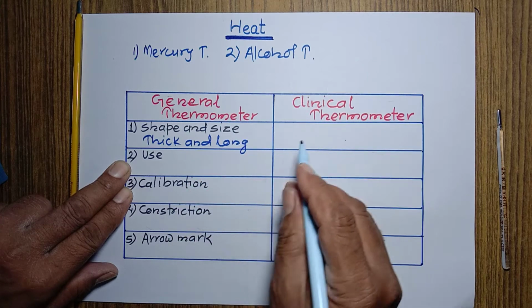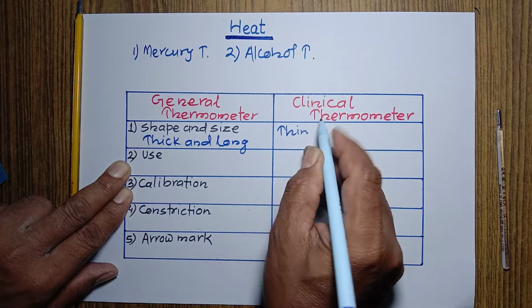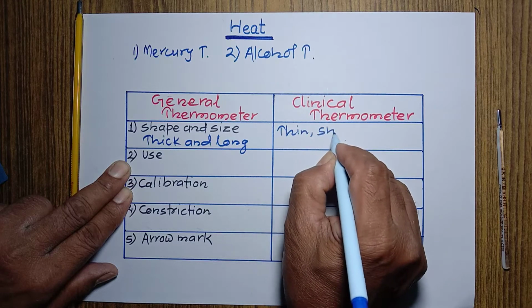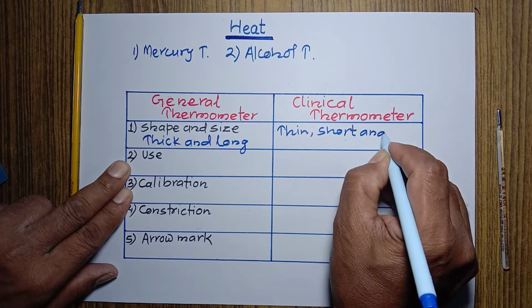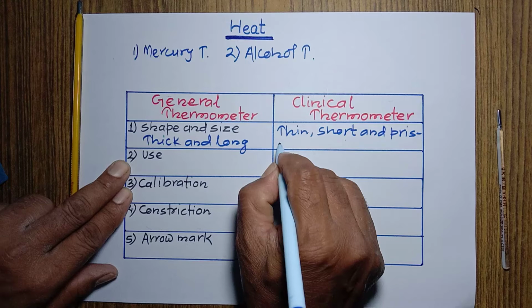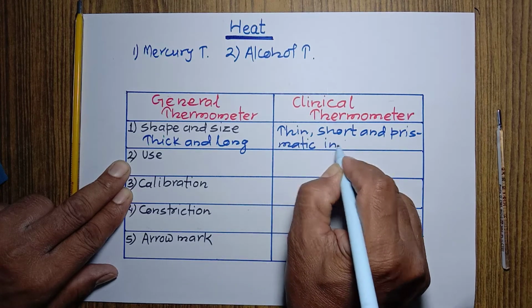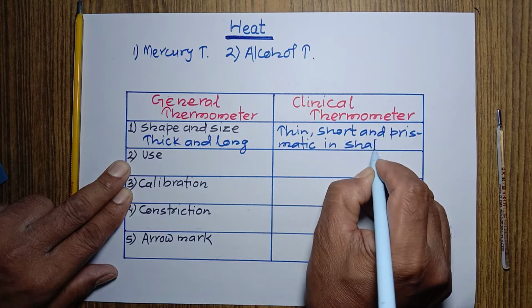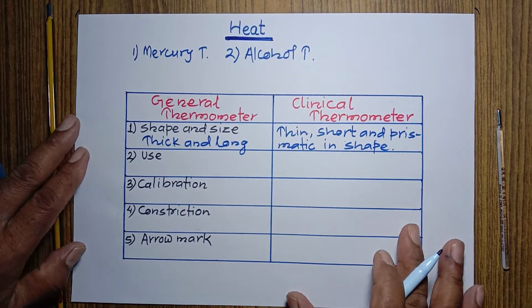But this one, clinical thermometer, it is thin, short, and prismatic in shape. Okay, this is one difference between these two.